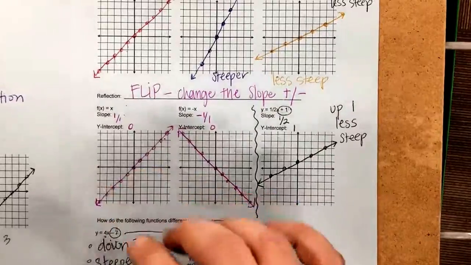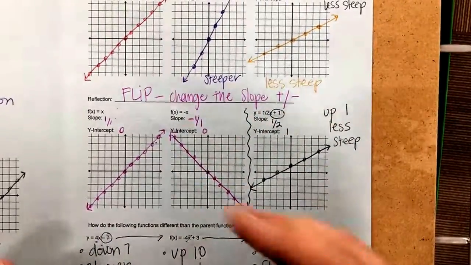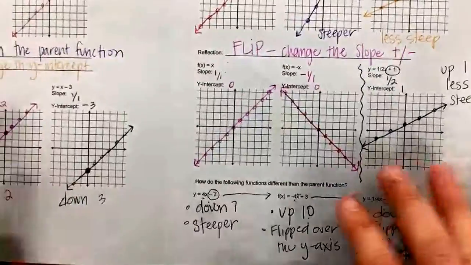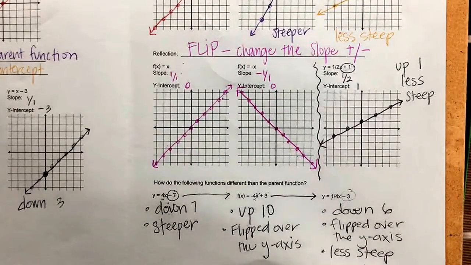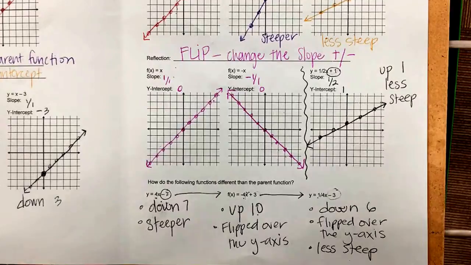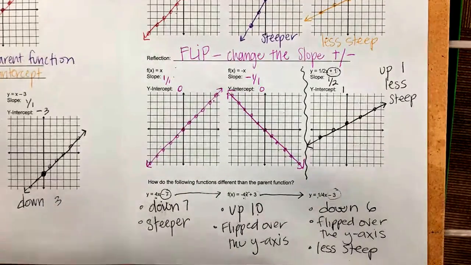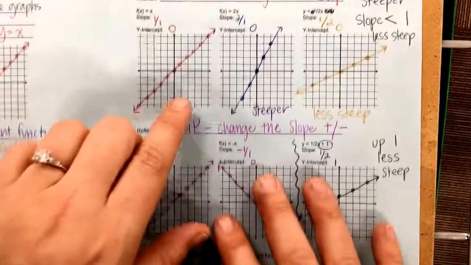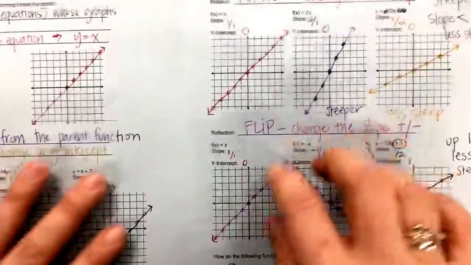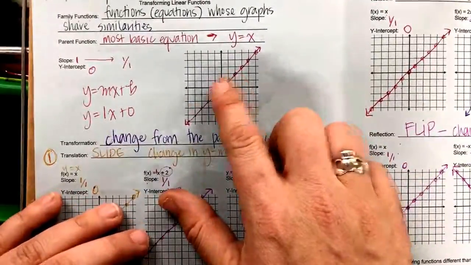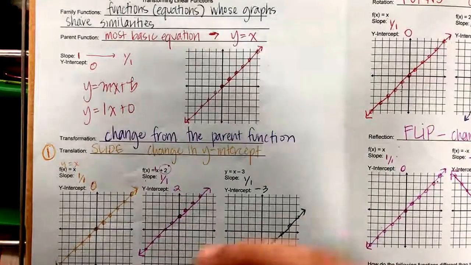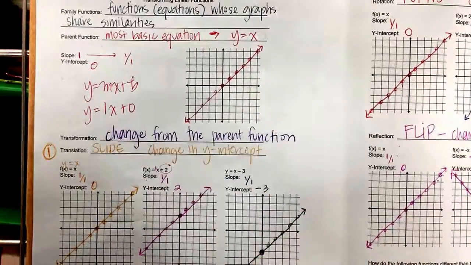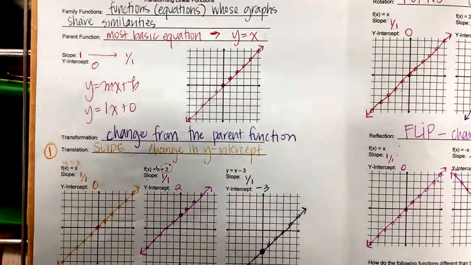If it's positive, it goes up to the right, and if it's negative, it goes up to the left. So you're going to be describing them. You're not graphing, you're just describing the slopes or the intercepts, so the changes. You're describing the change. Sometimes you're describing the change from the parent function, which is y equals x. Sometimes they'll give you two equations and they'll say, what are the differences between these two? Like, how much did it change from the first one to the second one? What are the changes?